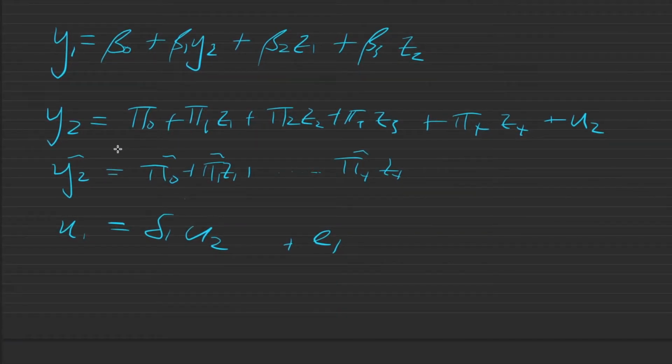Alright, so the idea is y2 hat is exogenous. We should have u1 here. y2 hat is uncorrelated with u1.